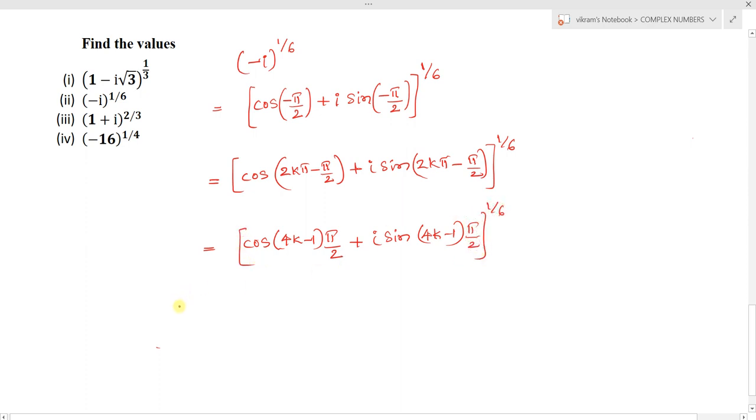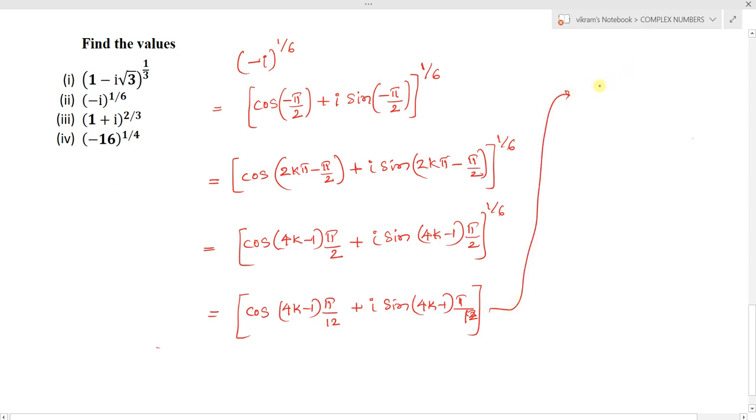Now if we apply De Moivre's theorem over here, the exponent is multiplied by 1/6. Then we can write this as cos((4k-1)·π/2·1/6), which is (4k-1)π/12, plus i sin((4k-1)π/12).